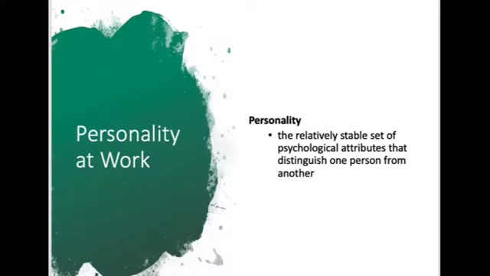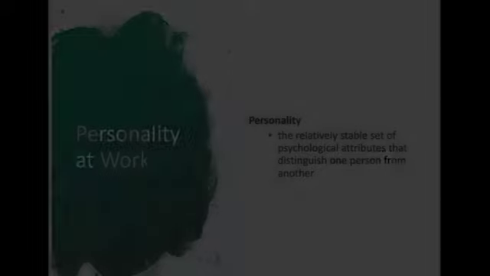Now, when you look at the topic of personality, as you can see from the slide in front of you, let's first take a minute to define our terms. Generally speaking, behavioral psychologists will define personality as the relatively stable set of psychological attributes that distinguish one person from another.